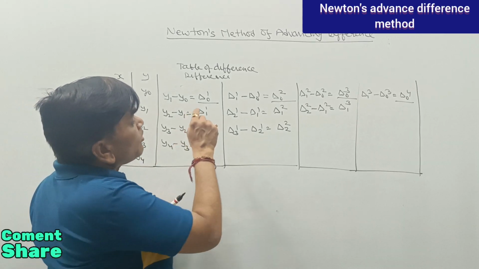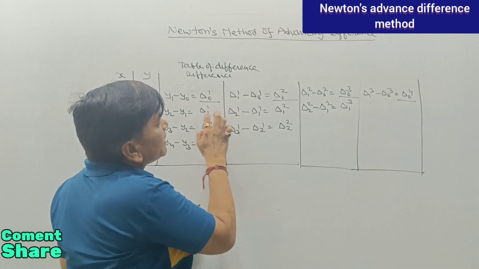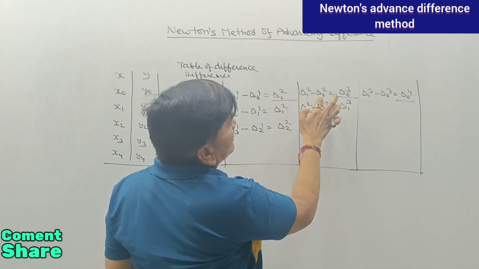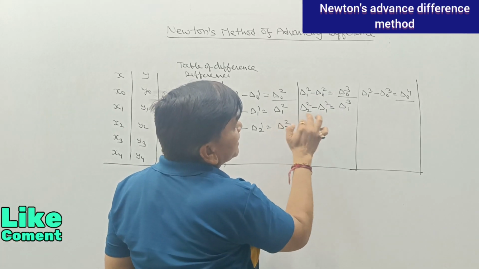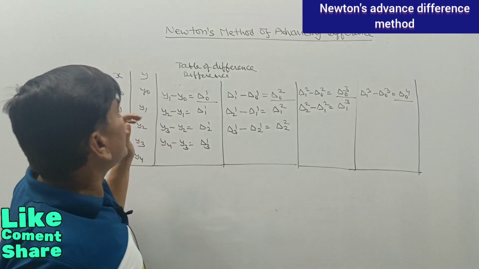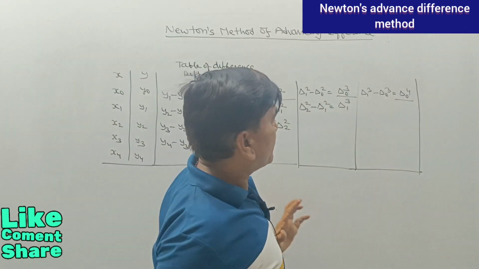Then again the second difference is the first difference minus the previous one, third difference minus second difference, fourth difference minus third difference. We will get these values, called delta 0 1, delta 0 2, delta 0 3, delta 0 4.